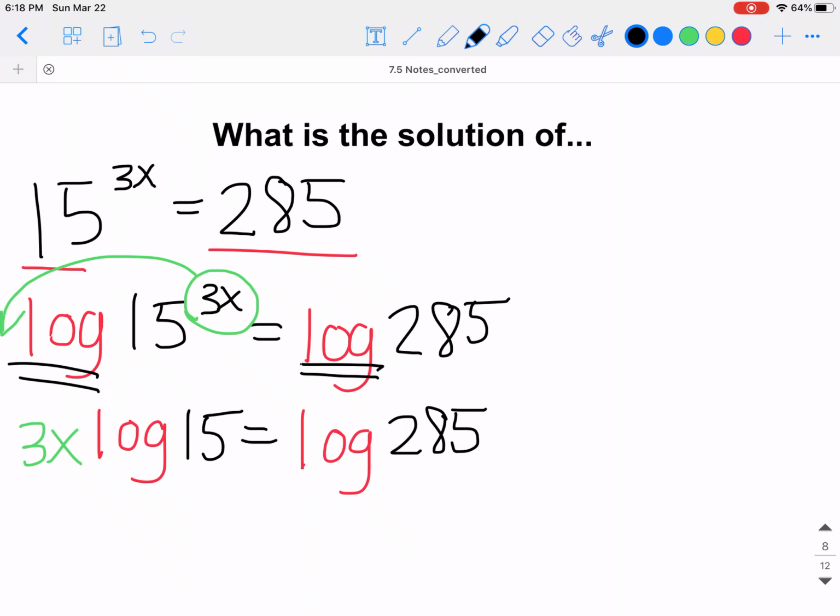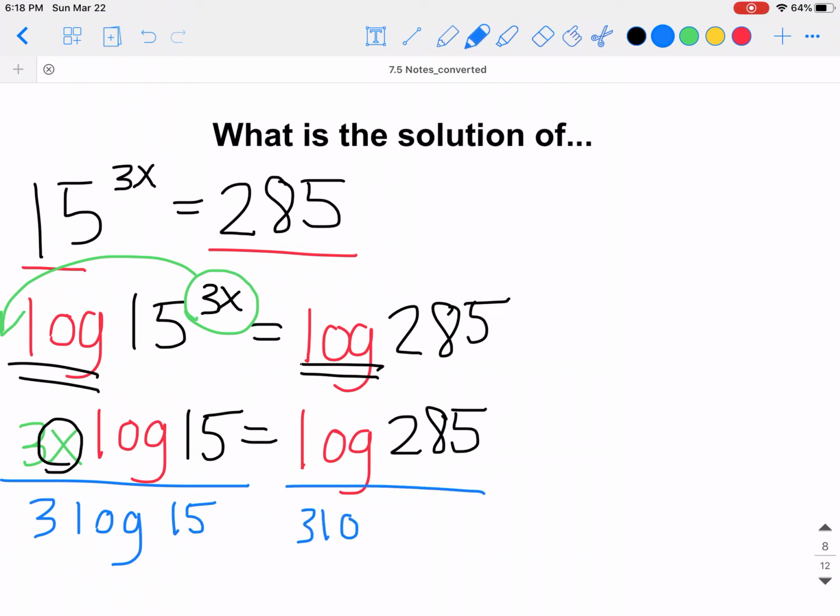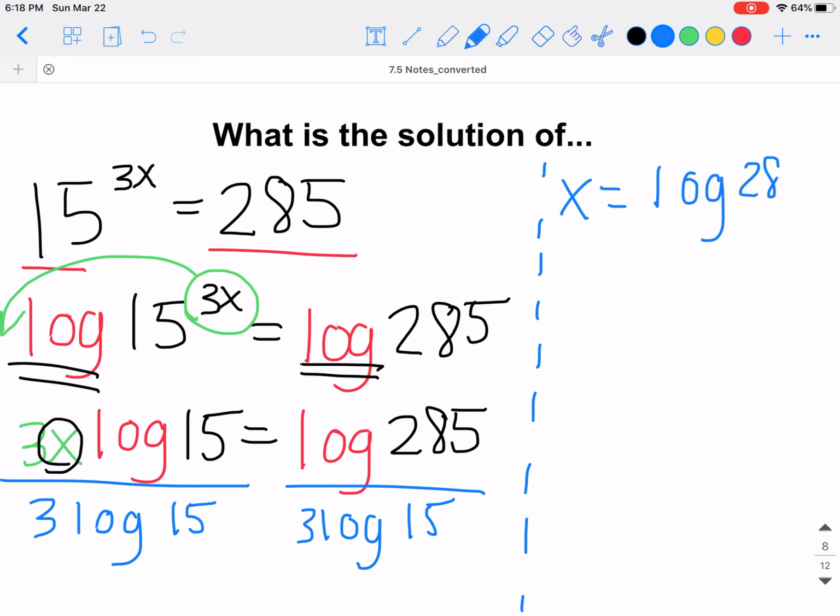Now, for these problems, you're going to need your calculator to solve. So we're trying to find the solution, which means that we're solving for x. So we want to isolate this variable. To get that variable by itself, we're going to have to divide both sides of this equation by 3 log 15. So we have the equation x equals log 285 over 3 log 15.